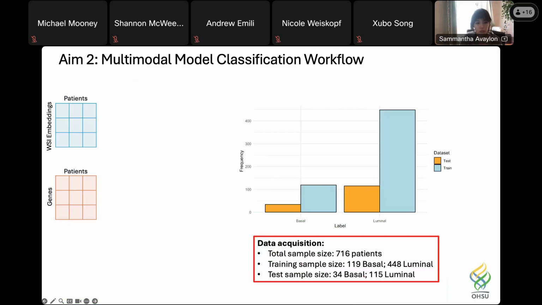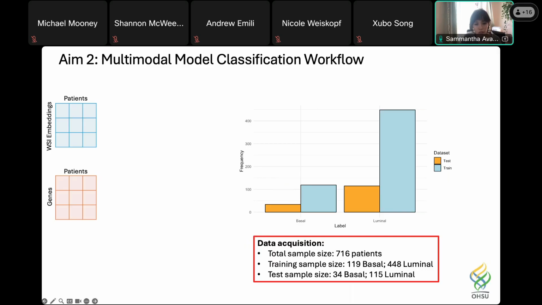And so to dive into our multimodal model, we first downloaded the bulk RNA sequencing data available in the TCGA database for the H&E patients we used during our unimodal model. And this resulted in a total sample size of 716 patients. Again, we separated the patients according to whether they were for training or testing for our unimodal model.